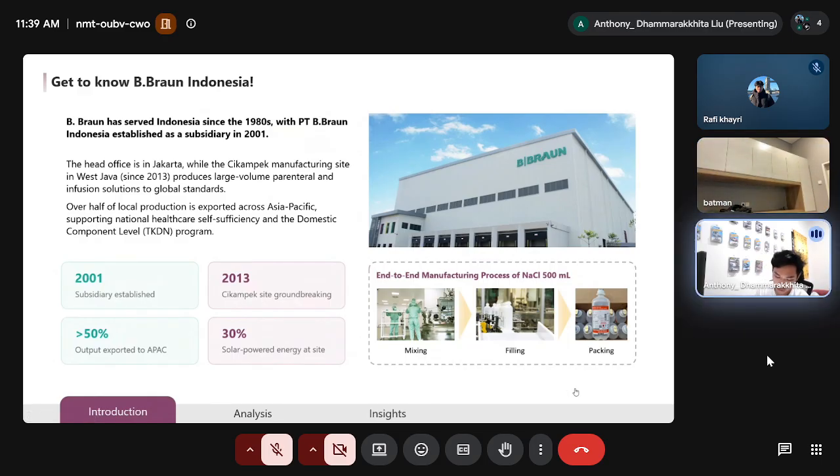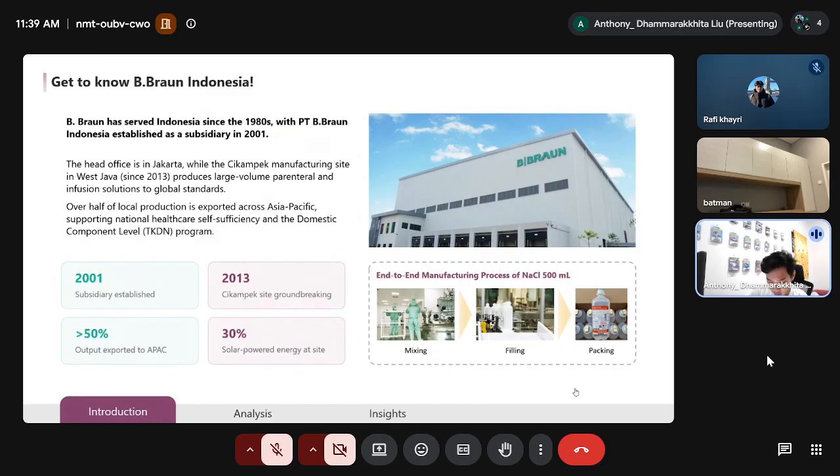Okay, now let us focus on Indonesia. Braun has served Indonesia since 1980, and PT Braun Indonesia was officially established as a subsidiary in 2001.